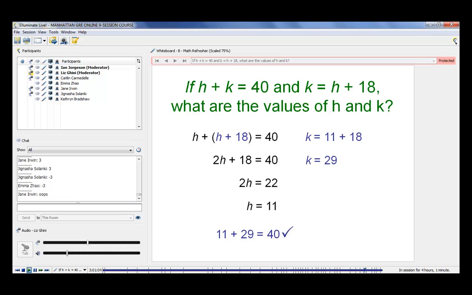Other thing, this is pretty straightforward. Let me see if I can find some better problems to solve. Everybody remember systems of equations, linear equations, things that look like this. If 7x plus 4y equals 43 and y plus 8 equals 2x. This comes up on the GRE. We'll do a couple problems like this. The key is to remember, what are the techniques?